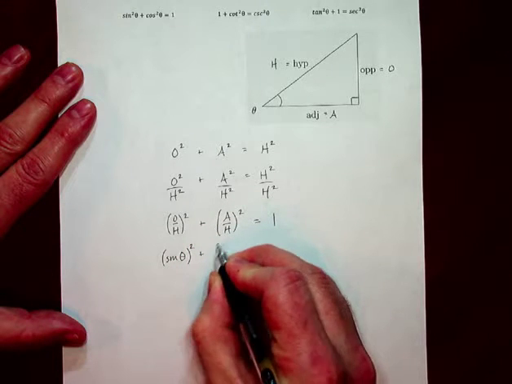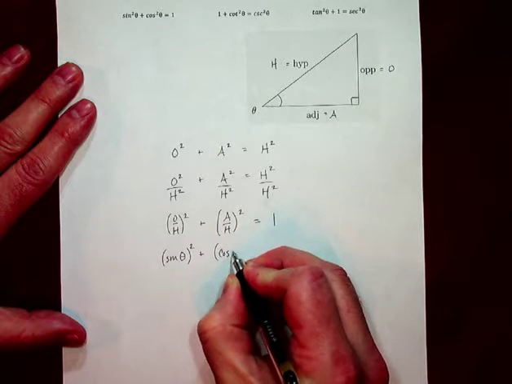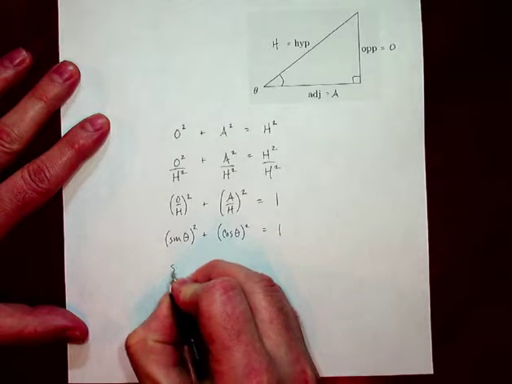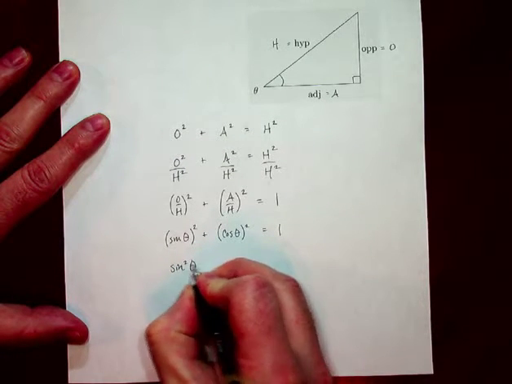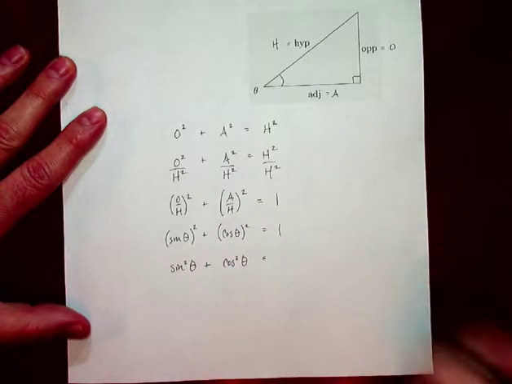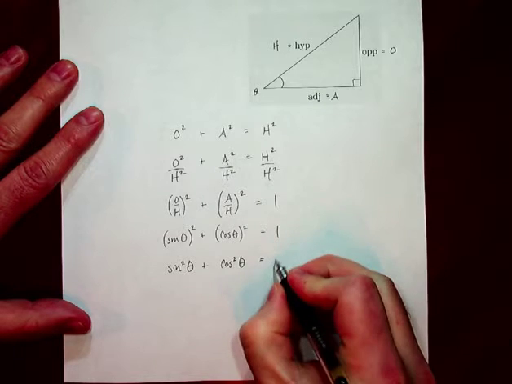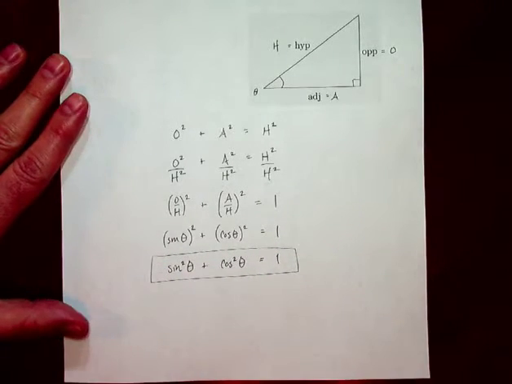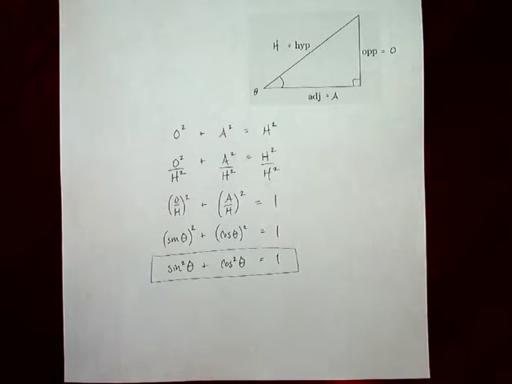And adjacent over hypotenuse, well, that's cosine. And then we'll use lazy man's notation and get rid of those parentheses and pop the squared in between the trig function and the theta, and we get our first Pythagorean identity.